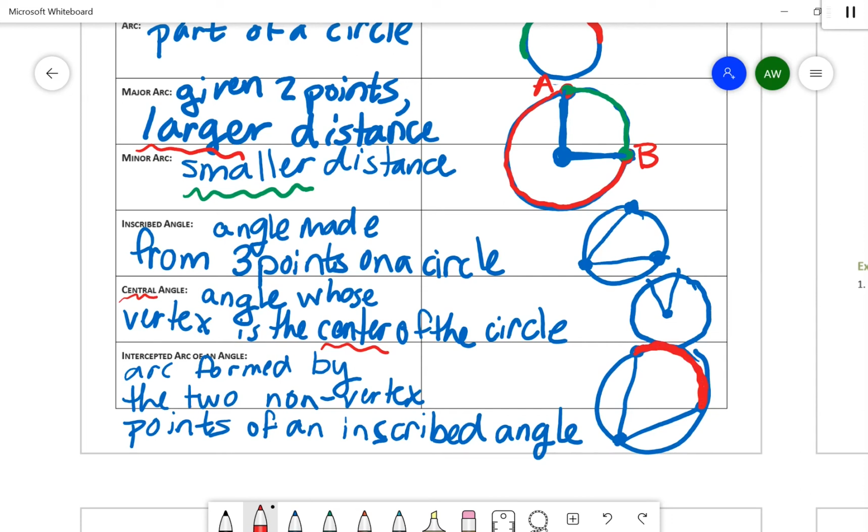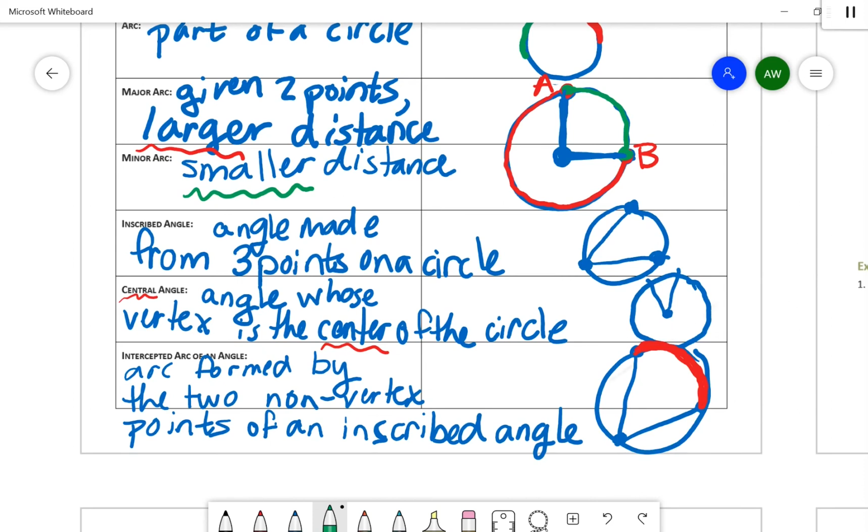And the reason that we choose this portion of the circle and not this portion of the circle is because this point would be included if we chose the larger portion. So we always choose the portion of the circle that does not include this point. So in this case, that's the red portion.